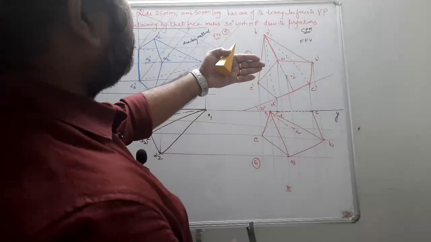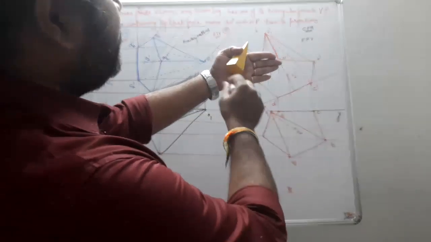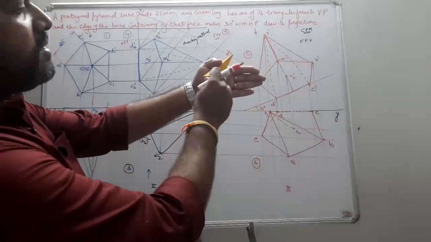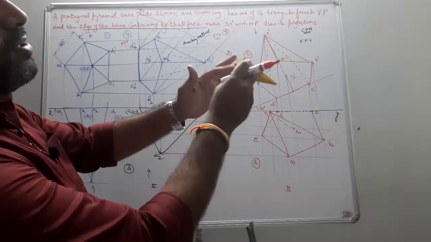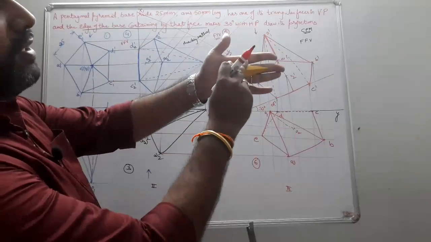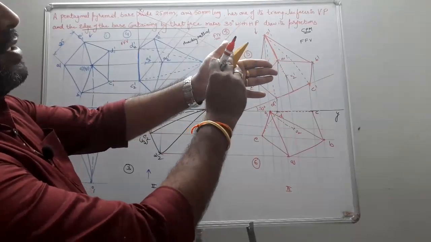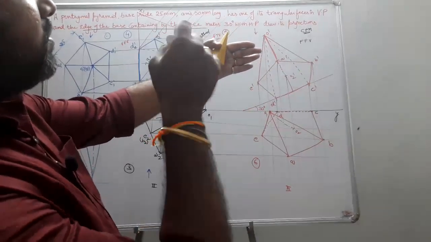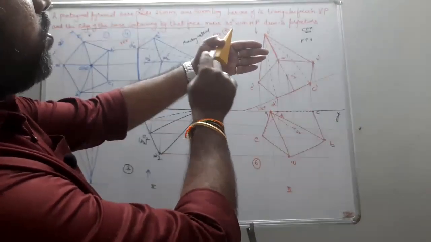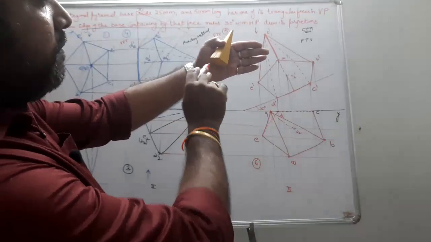So when I am supposed to see the front view, this base is completely visible. See, students, let us see. If it is like this, and the edge of the base containing the triangular face on VP is tilted like this, when I am supposed to see the front view, this bottom base is completely visible.